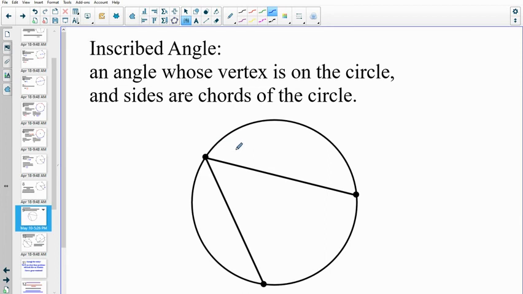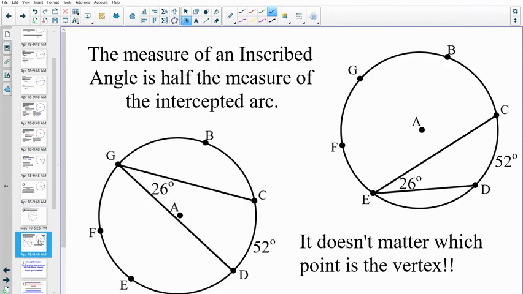And so this is an inscribed angle, again, because the vertex is on the circle. And what is interesting about this is that if arc CD measures 52 degrees, then the measure of this inscribed angle, angle CGD, turns out to be exactly half of the measure of that intercepted arc.